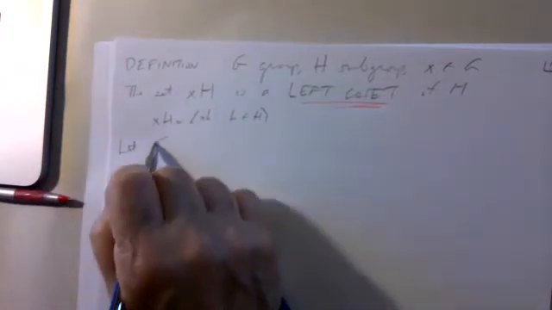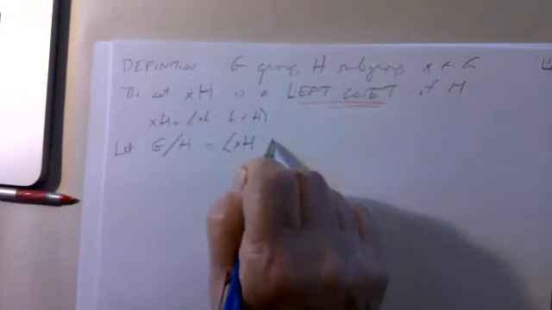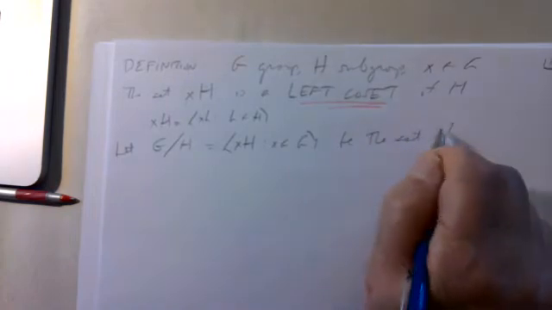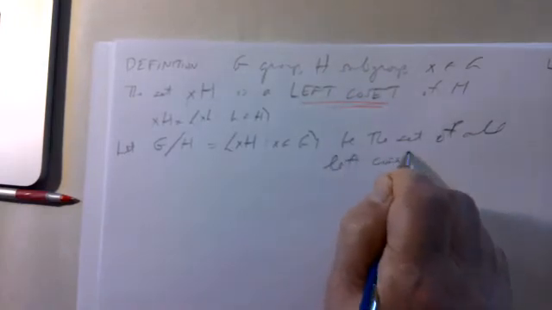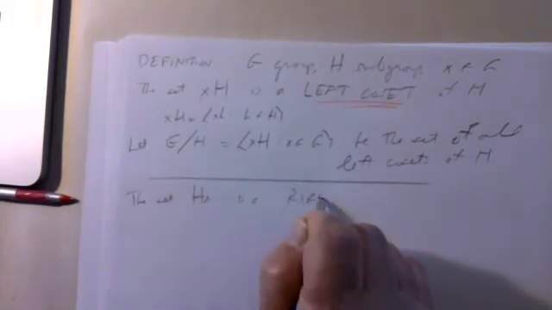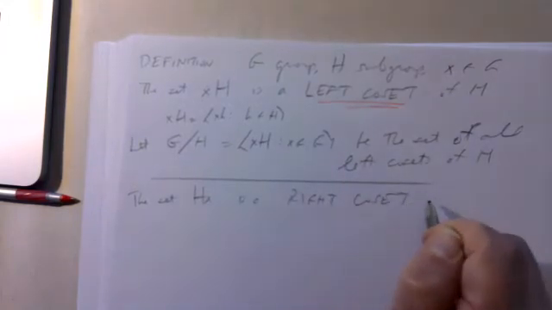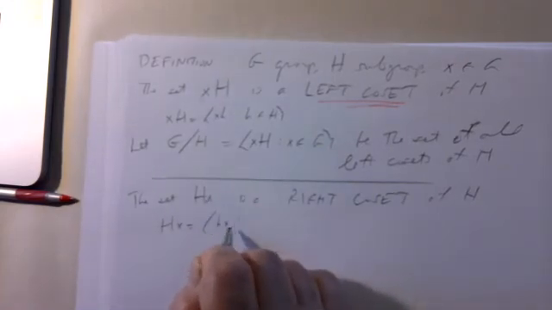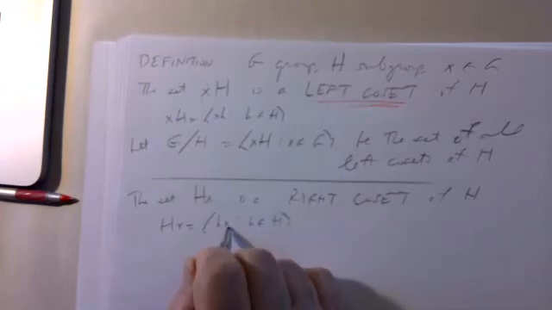And we let G/H be the set of all left cosets of H. The set Hx is called a right coset of H. So Hx is the set consisting of what you get by multiplying all elements of the subgroup H on the right by x.